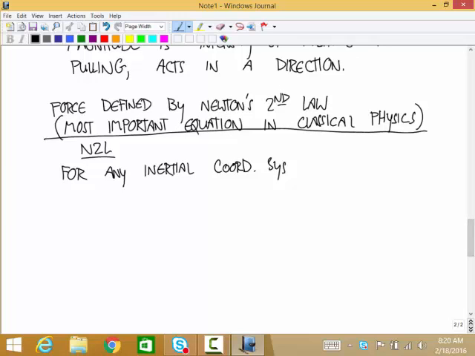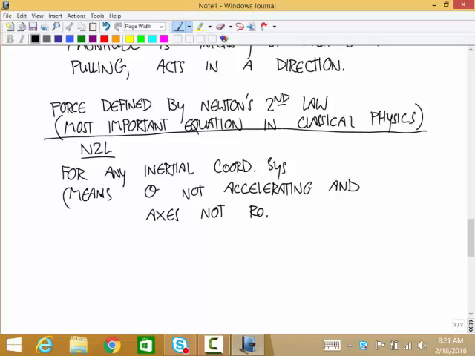An inertial coordinate system means that the origin is not accelerating and the axes aren't rotating. Maybe in passing or something, but it can't hurt to have it written down again. So that's a key. Newton's second law only applies for certain types of coordinate systems.